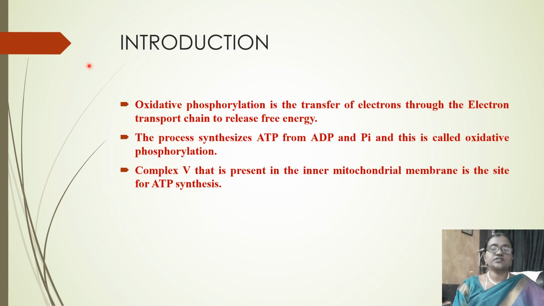Coming to introduction, oxidative phosphorylation is nothing but the transfer of electrons through the electron transport chain to release energy. And what is oxidative phosphorylation? It is the process of synthesis of ATP from ADP and inorganic phosphate.